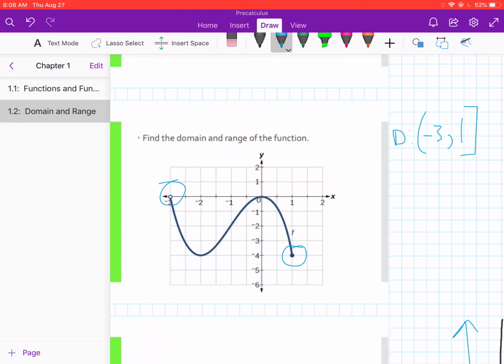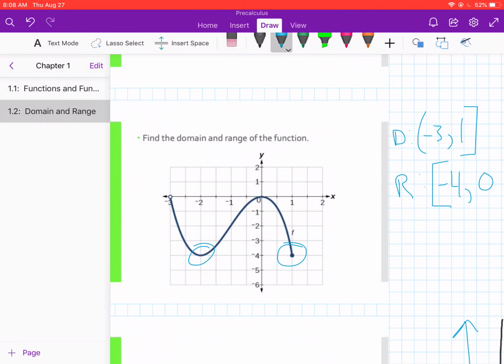Let's talk about the range now. So we go low to high. The lowest is -4. The highest is 0. Notice that at -4 we have 2 different points. We have one here and one here. They're both included, so that one's going to be a bracket.